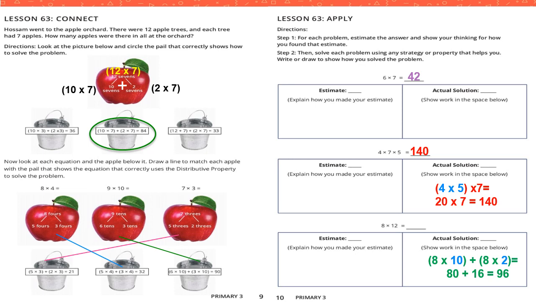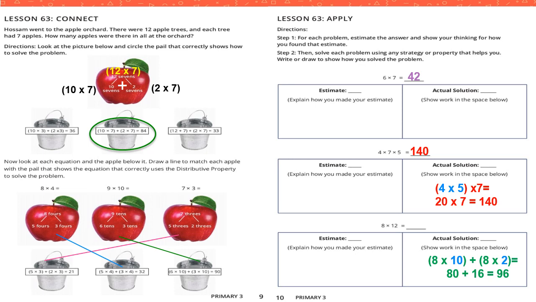I can split this 12 into 10 and 2. So 8 times 12 equals 8 times 10 plus 8 times 2. Okay, here I split 12 into 10 plus 2. 8 times 10, 80. 8 times 2, 16.